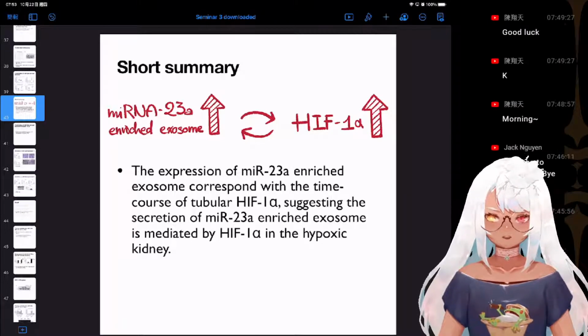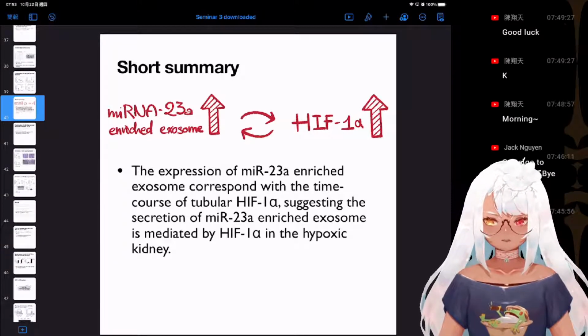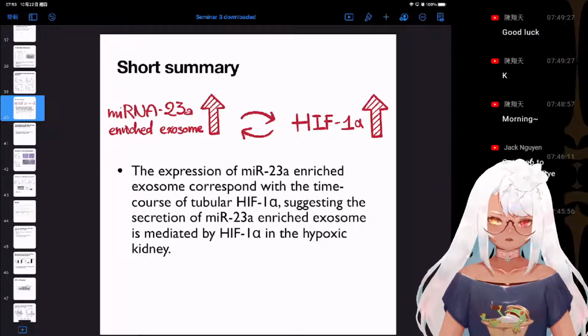So this suggests that there's a link between these miR-23a enriched exosomes and HIF1 alpha.